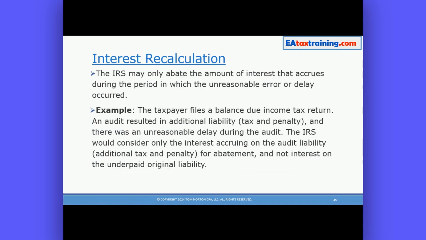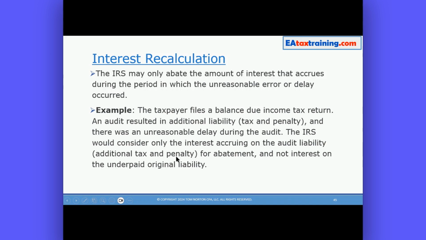Interest recalculation. They may only abate the amount of interest that accrues during the period in which there was an unreasonable error or delay. So, for example, a taxpayer files a balance due income tax return. An audit resulted in additional liability, tax and penalty, but there was an unreasonable delay during the audit.